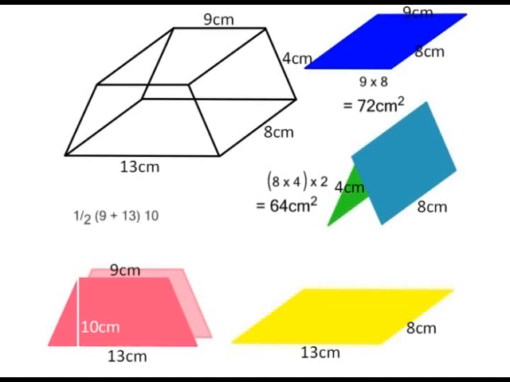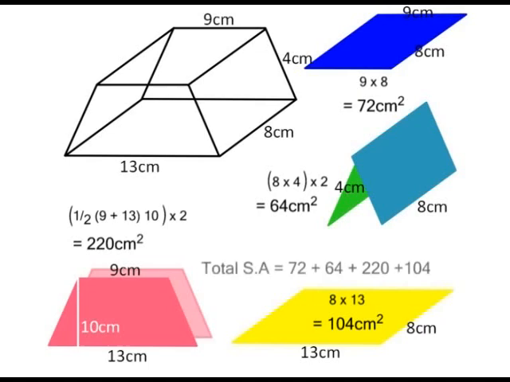That gives us a half, 9 plus 13 times 10, and there are 2 of them. That gives us 220 square centimeters. Lastly, the yellow rectangle, 13 times 8 gives us 104 square centimeters. Total surface area, 72 plus 64 plus 220 plus 104 gives us 460 square centimeters.